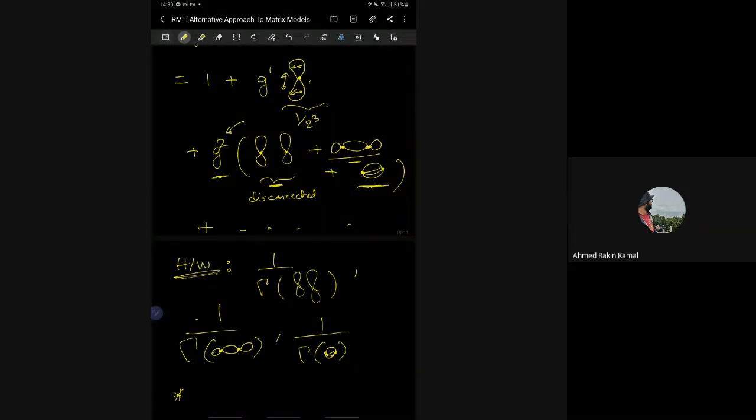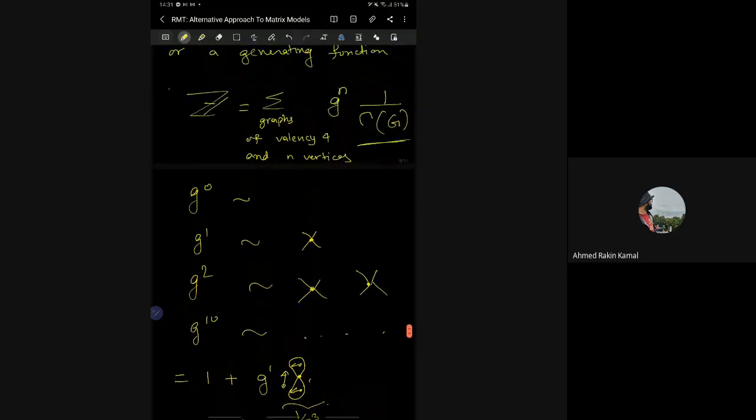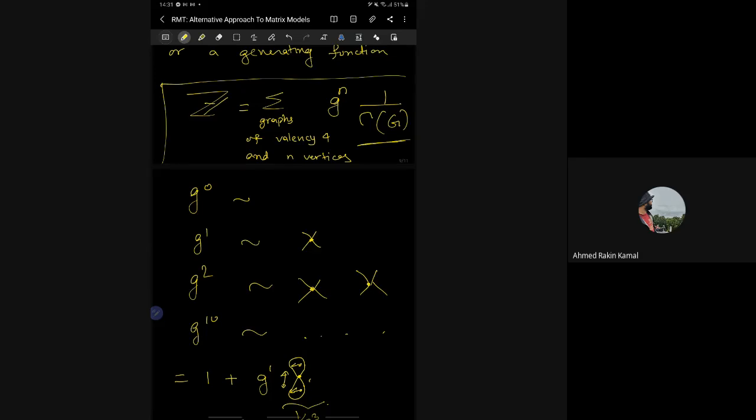You'll just understand the coefficient of G squared. So the main point is this function that I defined here gives me my desired graphs of valency 4 and any number of vertices. If we want the fifth vertex, it's all contained in this function. Five, 10, 50, whatever vertex you name, it's all contained in this powerful function.